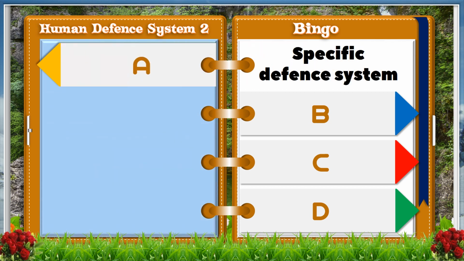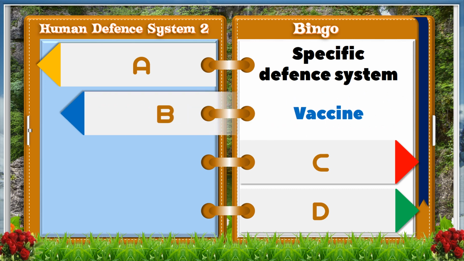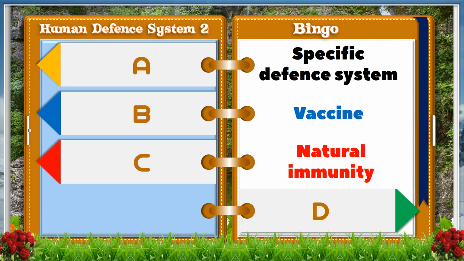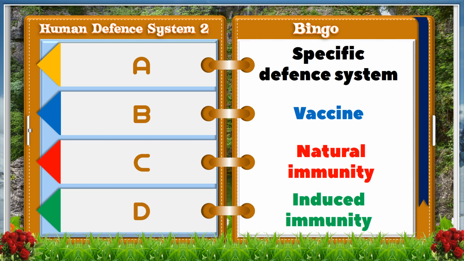A. Specific defense system. B. Vaccine. C. Natural immunity. D. Induced immunity. And the answer is D, induced immunity.